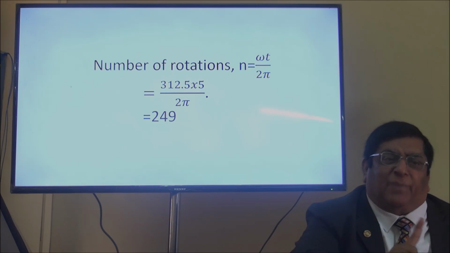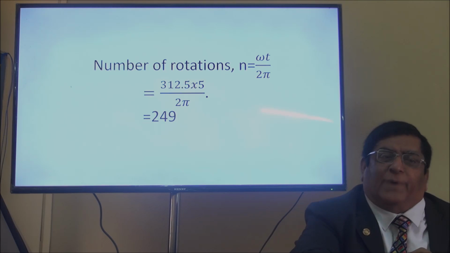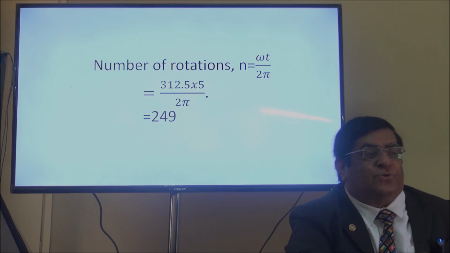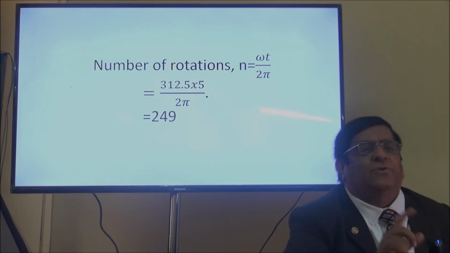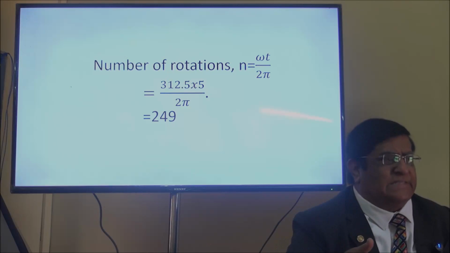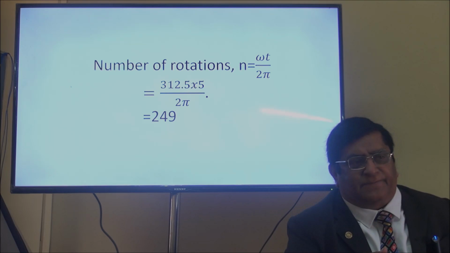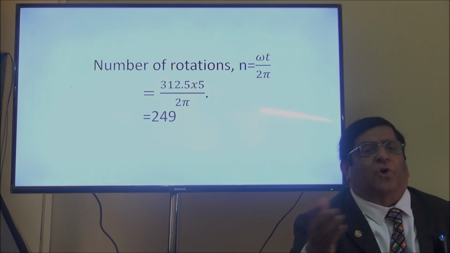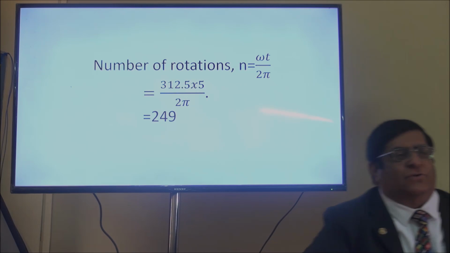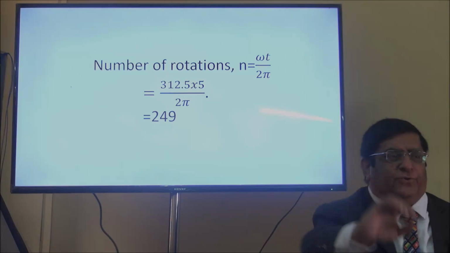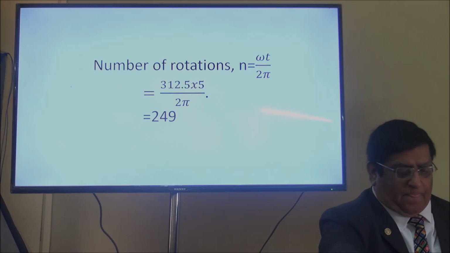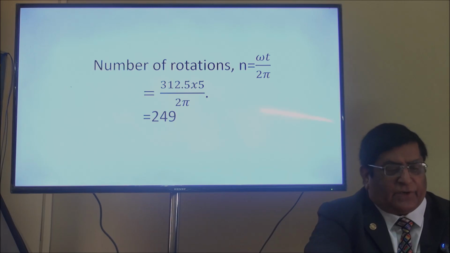Then omega multiplied by T divided by 2 pi will give the number of rotations. So this is how it has to be done. You can do the multiplication once or twice and you will find it. For the u of projectile, you should use u cos theta, right? That will give the correct value of u, and after that you can find out the time. So we close it here.